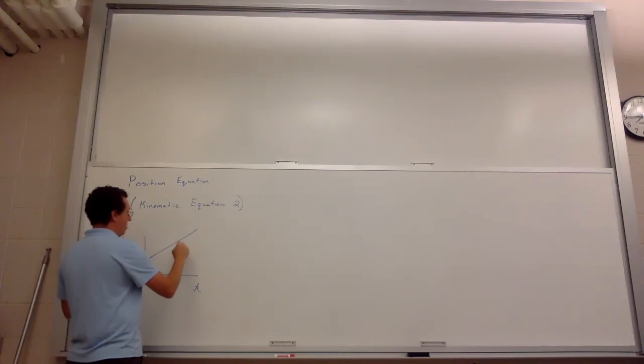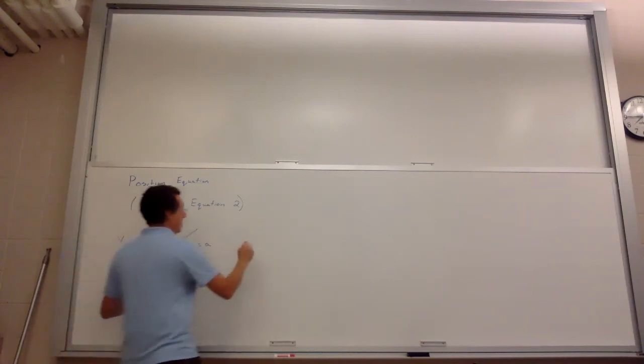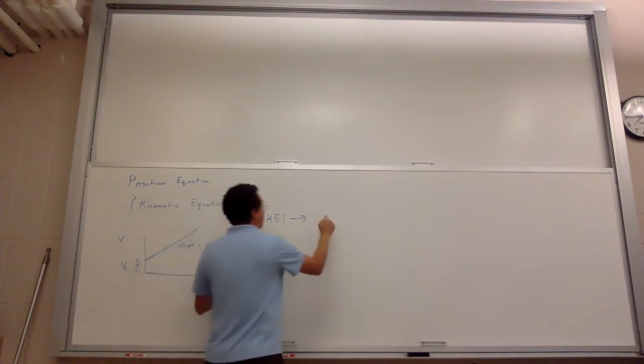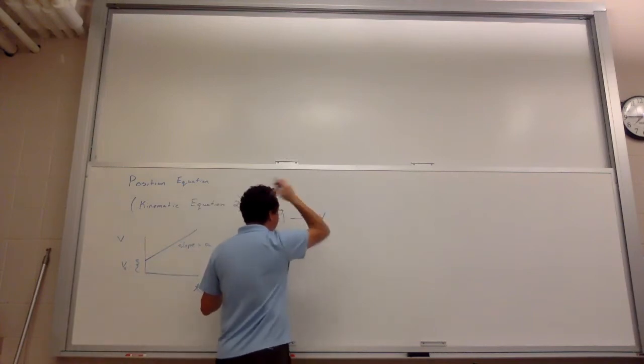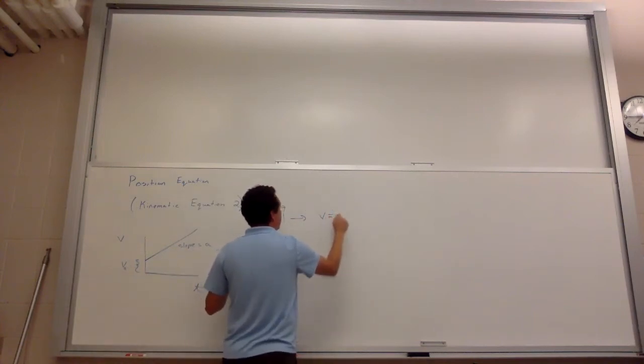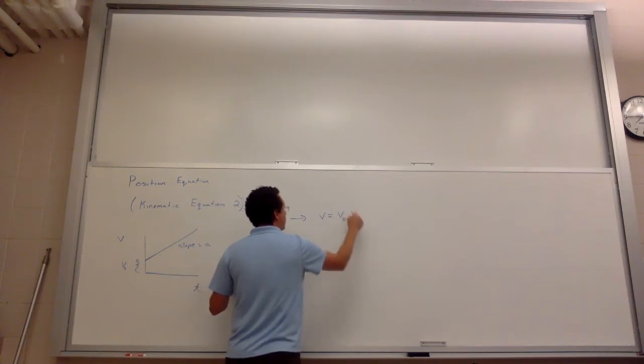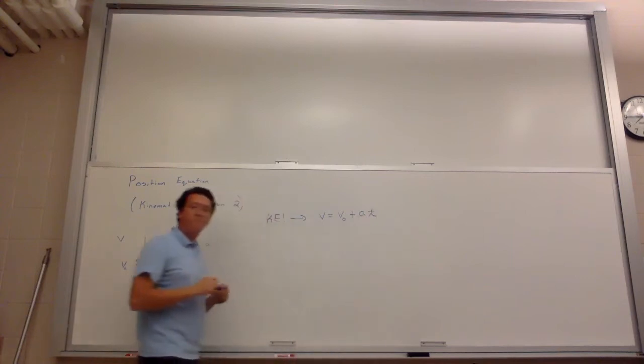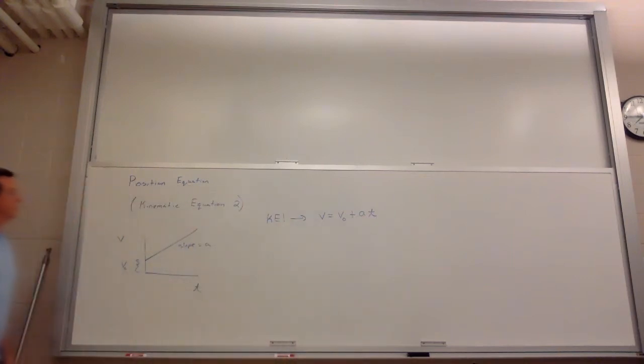And our slope was the acceleration. So when we wrote that as an equation, we had kinematic equation 1, which says the velocity at any time equals the initial velocity plus the acceleration multiplied by time. Okay, that was kinematic equation 1.